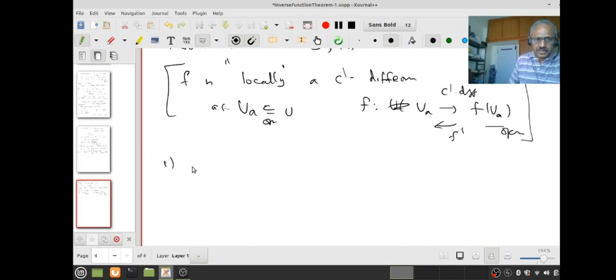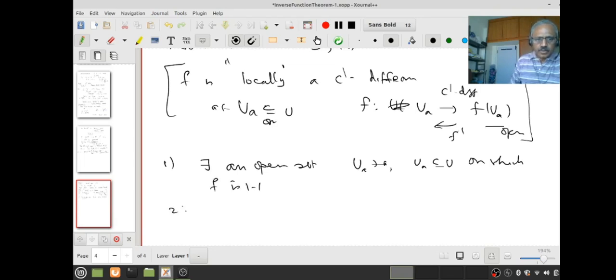Okay, the first thing is there exists an open set UA, so that UA is contained in U, on which f is 1-1, and f of UA is open.